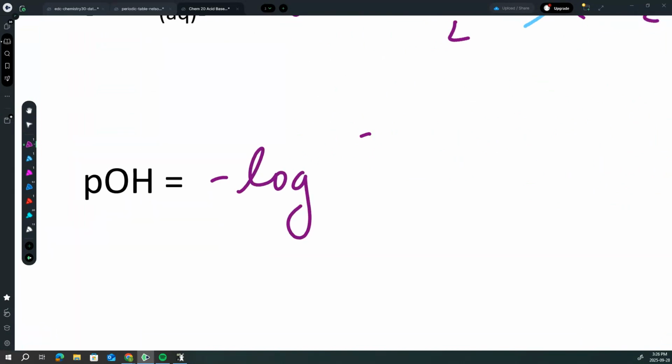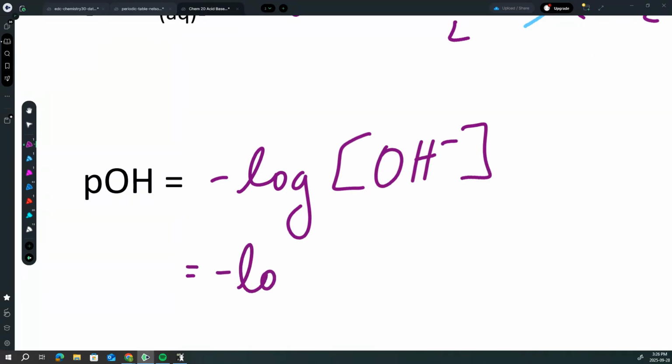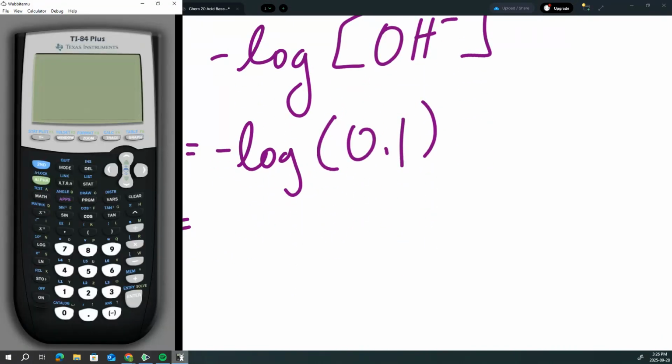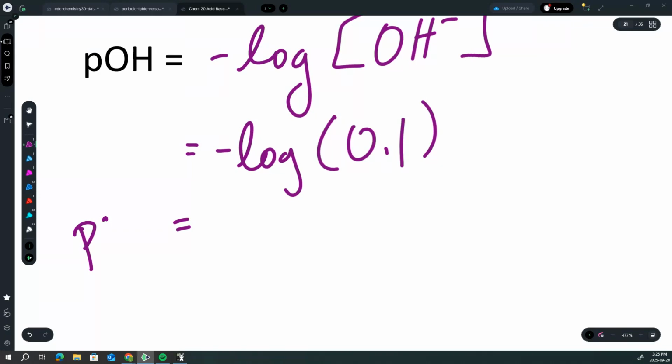So negative log concentration of hydroxide is equal to negative log 0.1. So if I put that into my calculator here, so negative log 0.1, close the bracket, hit enter, that gives us a pOH of 1.